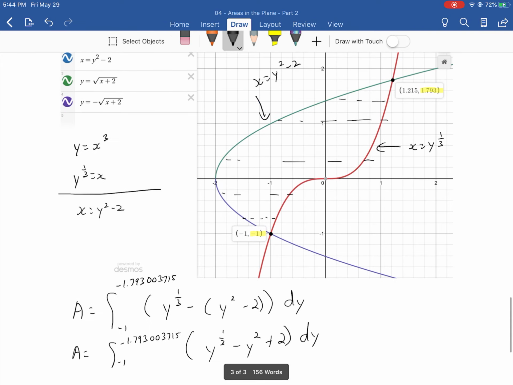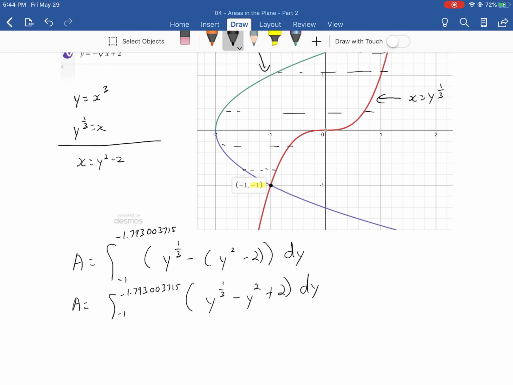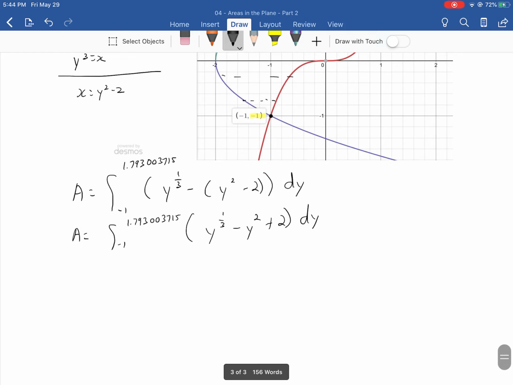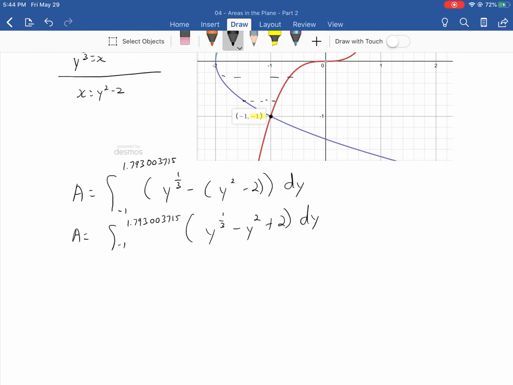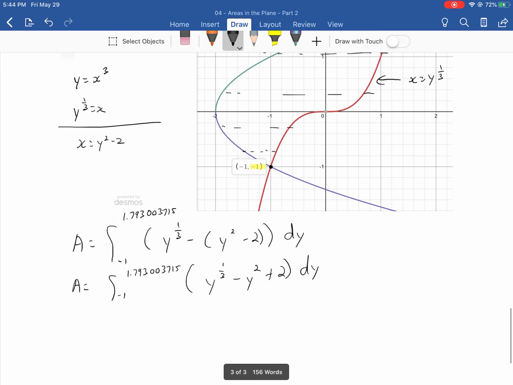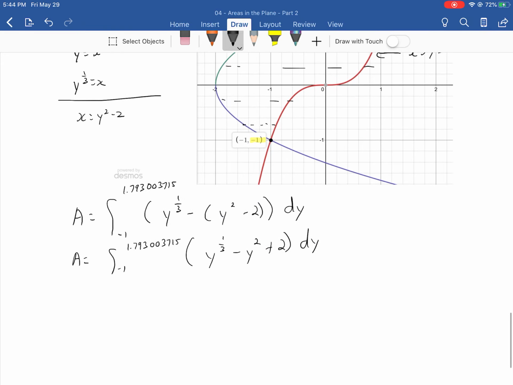I press right arrow, I get to the upper limit, which is, why do I keep saying -1.79? It's not -1.79. Positive 1.79 is what I'm after there. Yeah, okay. So 1.793. If you use what I did off Desmos, if you use your graphing calculator, you probably got more decimal places. So 0.03715. I think it's all in there.